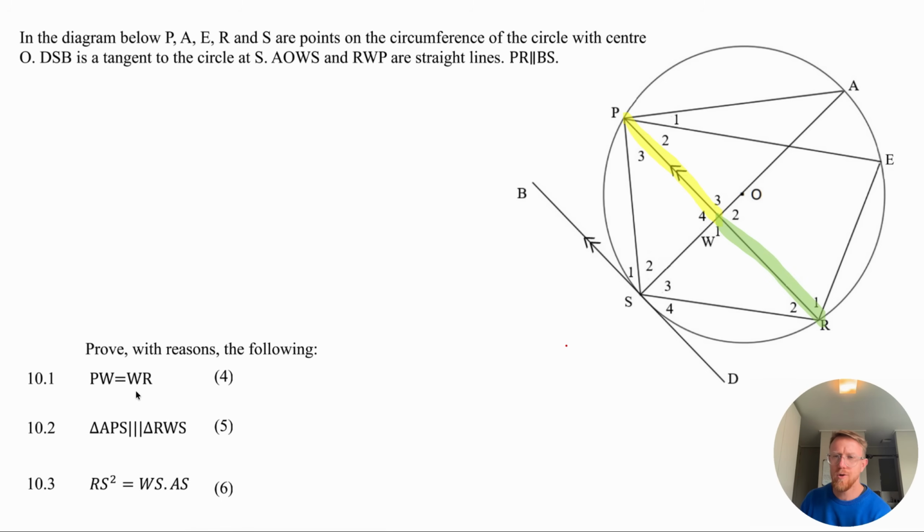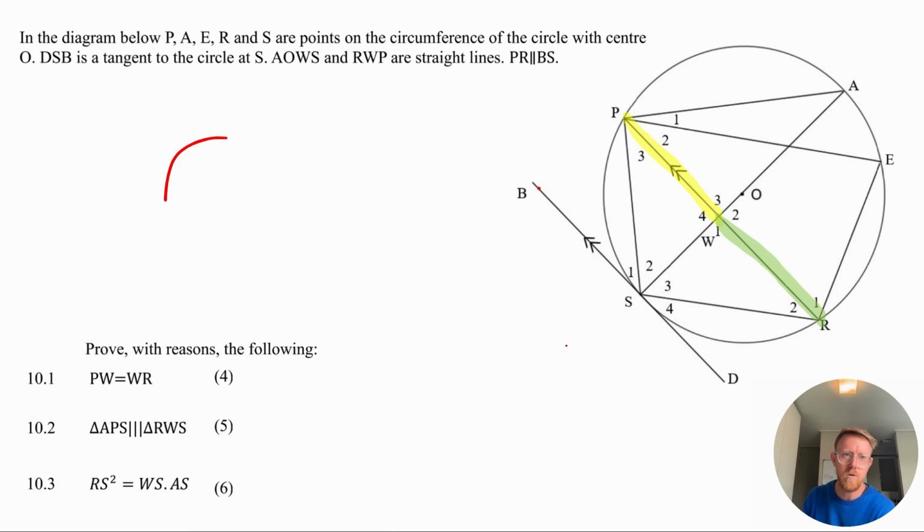Okay, so if we look at these 2 lines, we know that they are parallel. So we know that with parallel lines, you've got alternating, corresponding, and co-interior. So here we've got a co-interior kind of scenario. Now, we must remember that if you have a radius and you have a tangent, then they will always make a 90-degree angle, right?